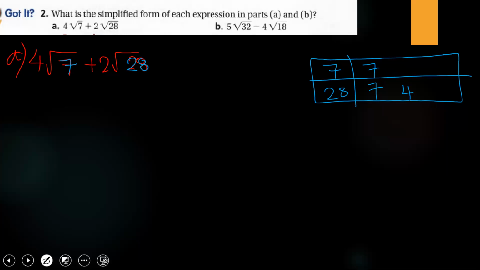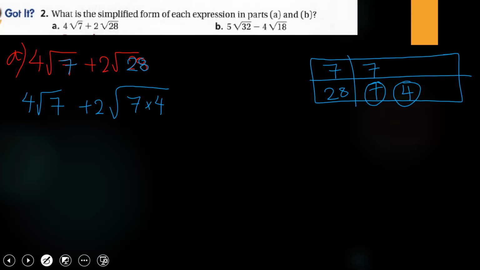Then, after that, let's now rewrite them. We have 4 square root of 7 plus 2 square root, and instead of writing 28, I have to write 7 and 4. So put 4 square root of 7.